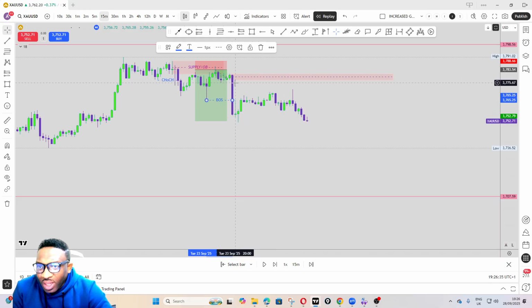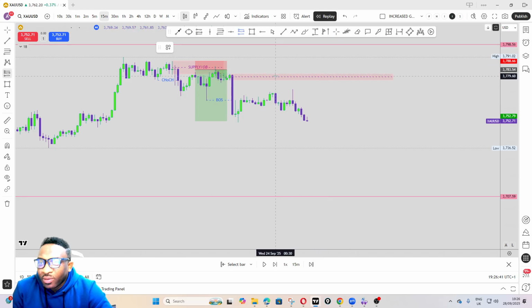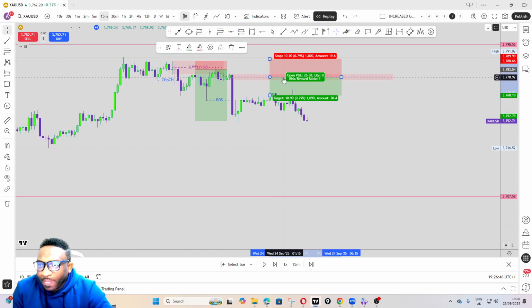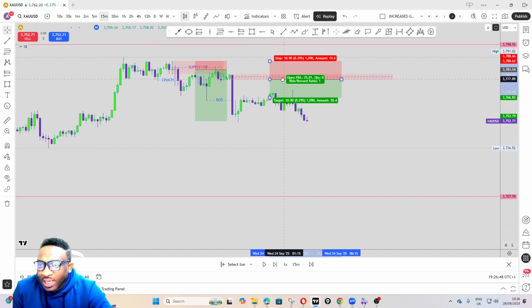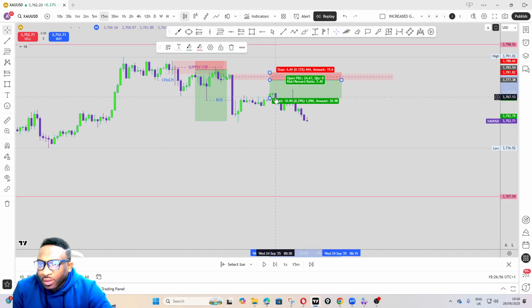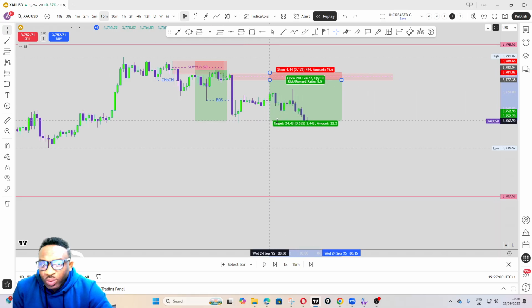So this is where we'll be targeting to take a sell from once again. If we're targeting to take a sell from here, our stop loss goes right above the zone that we've marked here, so we could target this previous low.